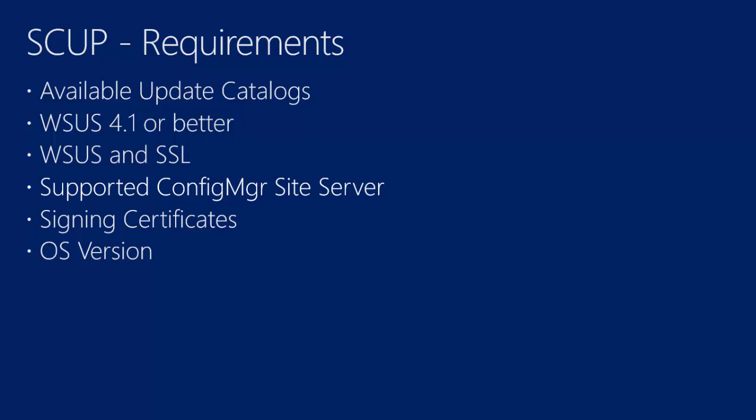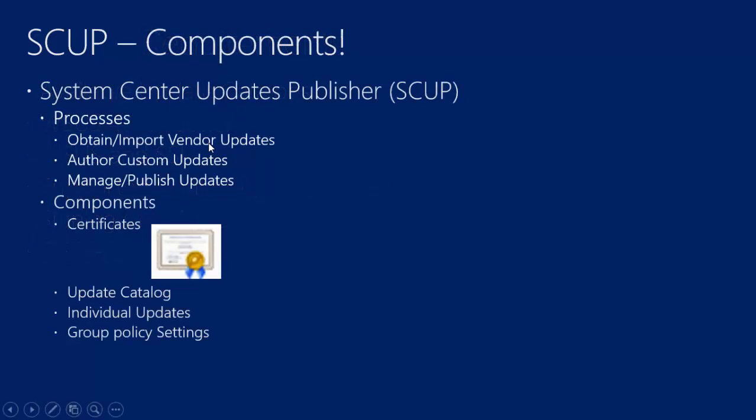To give you a specific example, if you're running SCUP on a Windows 10 system and your WSUS or your SUP is running on a Server 2012 R2 system, then you cannot use SCUP from a Windows 10 workstation to publish to a WSUS SUP on Server 2012 R2. They have to match in terms of OS version.